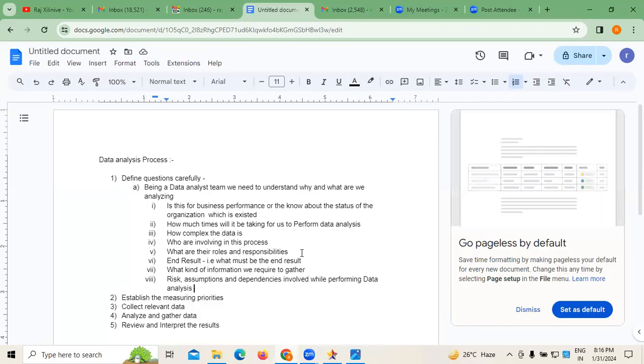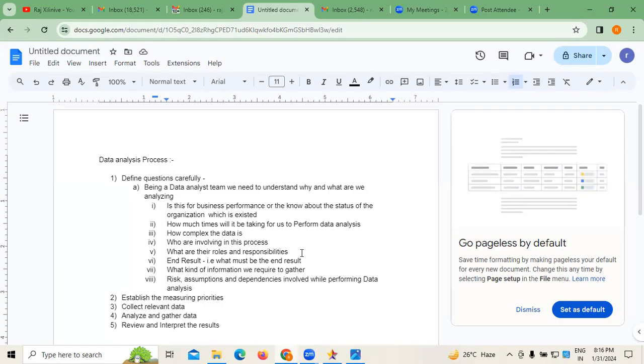For example, we are working for healthcare projects or a healthcare organization. The data involved in healthcare organizations is not accessible at all times. Accessibility matters from organization to organization because it will not be the same for all projects, right?